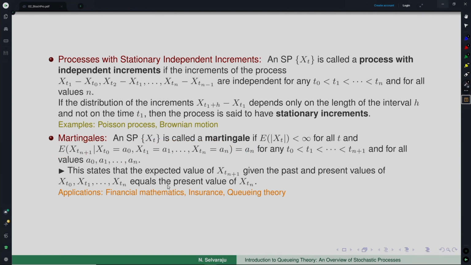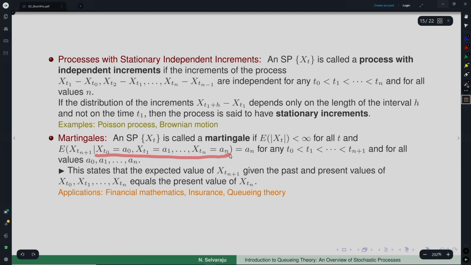What is this conditional expectation? If you try to look at this, this is the history of the process that is given to you in some sense, right. So, you look at time t naught the process started in the state a naught, and at time t1 it was in state a1 and so on, and at time tn it was in state an.